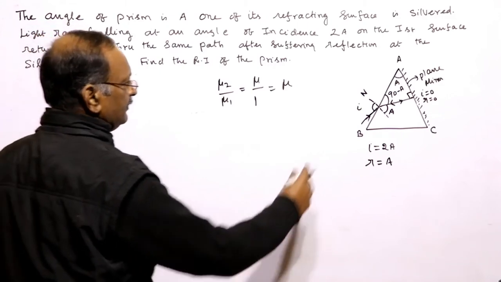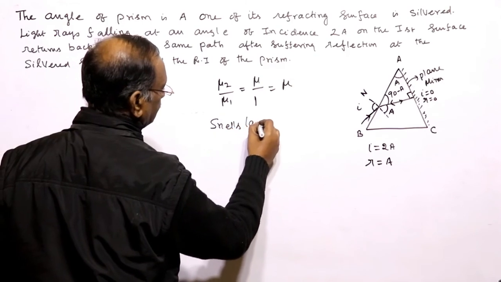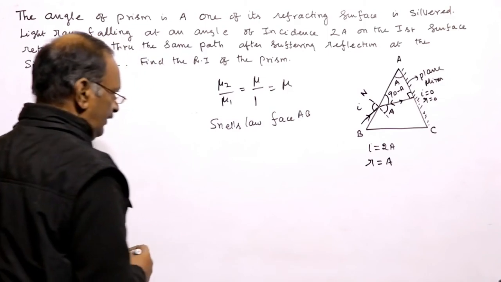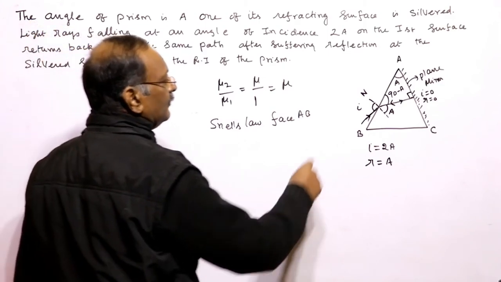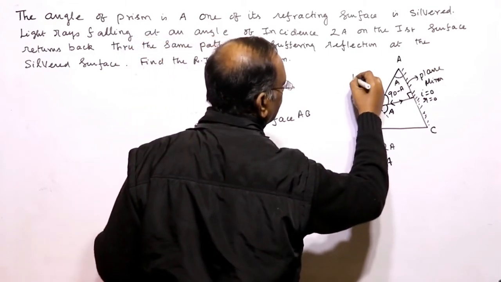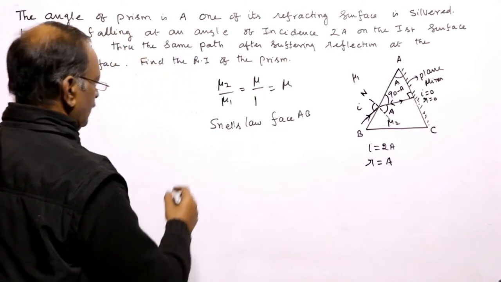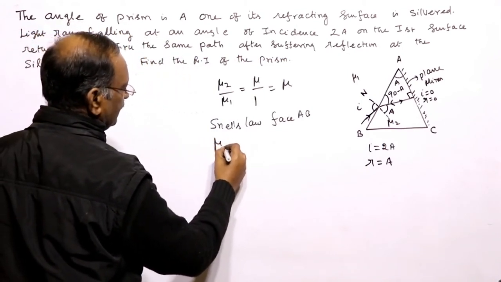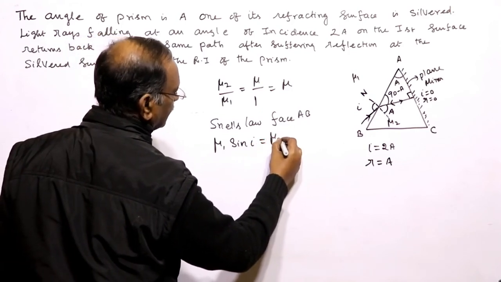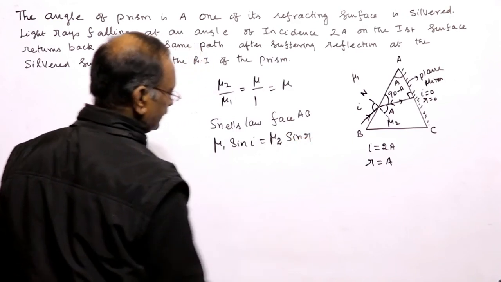Applying Snell's law at face AB: the refractive index of the first medium, mu1, into the sine of the angle of incidence is equal to the refractive index of the second medium, mu2, into the sine of the angle of refraction.